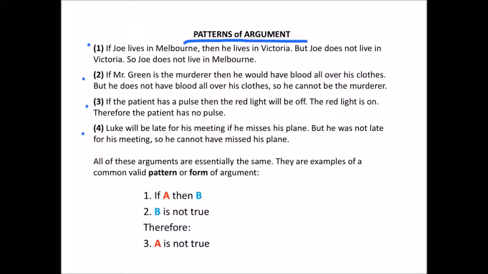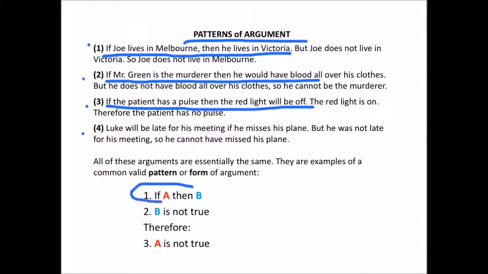They all have two premises and a conclusion, and the first premise states a conditional claim. For example, if Joe lives in Melbourne, then he lives in Victoria. If Mr. Green is the murderer, then he would have blood all over his clothes. If the patient has a pulse, then the red light will be off. So the first premise is a conditional claim like this.